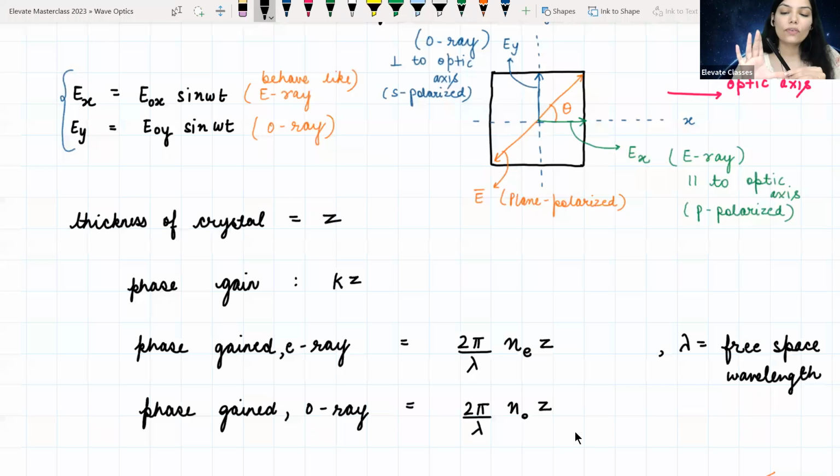Okay, so if I do not introduce any phase change, or if I introduce a phase change of 2 pi, then nothing happens. This orange beam that I have drawn, exactly this plane polarized light came out. Okay, so this is the most obvious case.